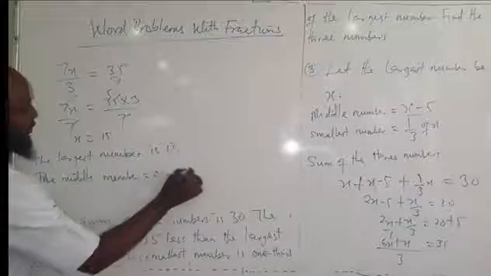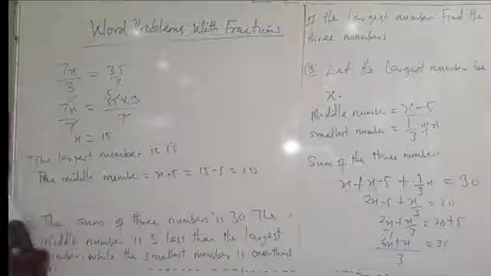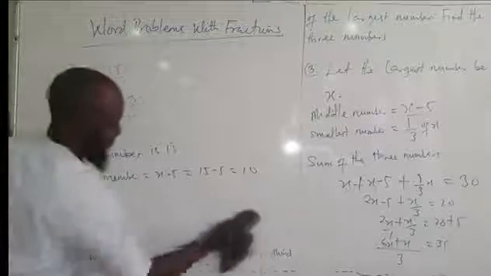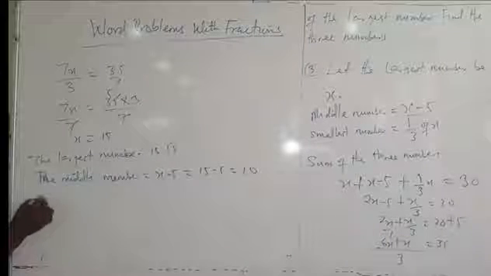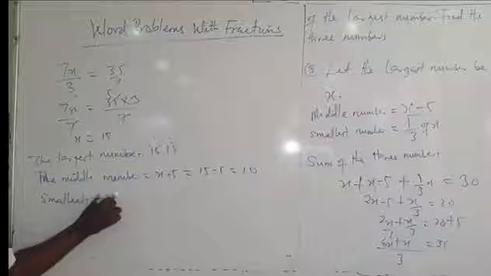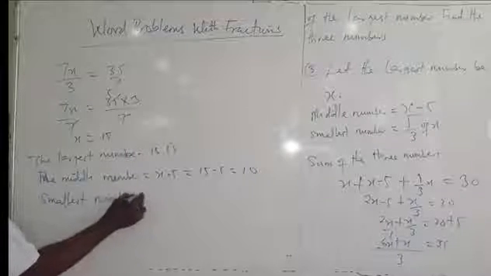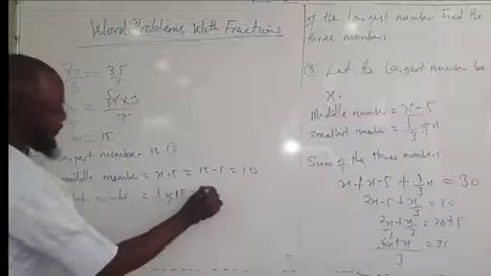That is 15 minus 5, that is 10. While the smallest number here is 1/3 of the largest number. 1/3 of what? 15. That is 5.